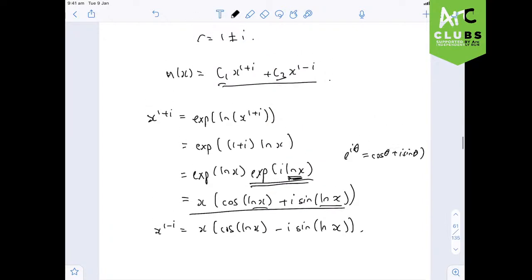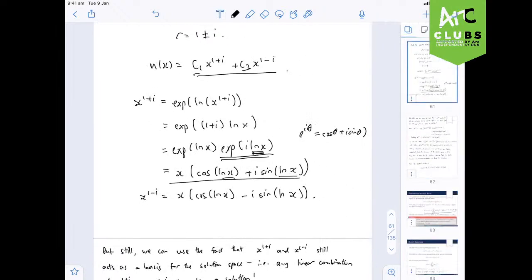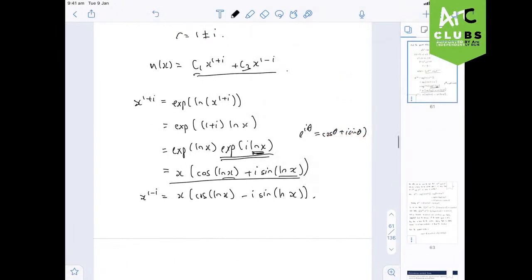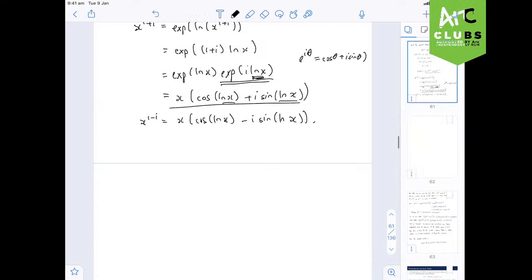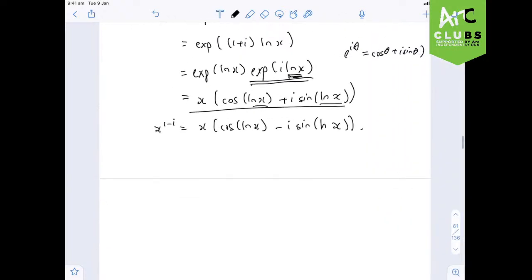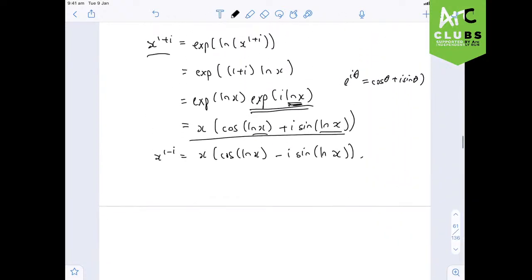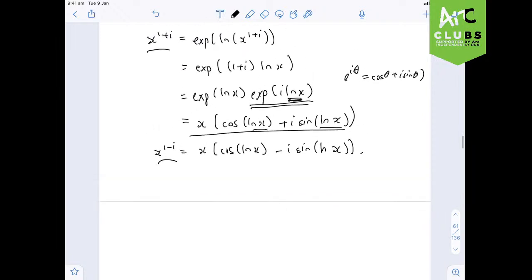Okay. Now, just add a new page. So we can have a linear combination of these two that is actually real. Two linear combinations, in fact. If we did half of x to the 1 plus i plus x to the 1 minus i, that will actually give us half times 2x cos ln x.